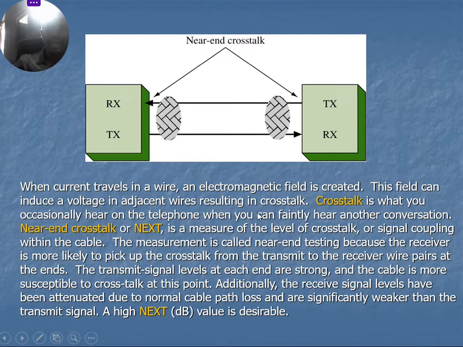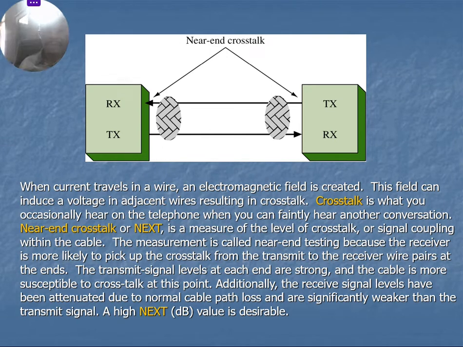Now when current travels in wire, an electromagnetic field is created, because your voice is converted to current. We will talk about actuators and sensors later, and how physical parameters are converted to current or voltages as they move in a wire.